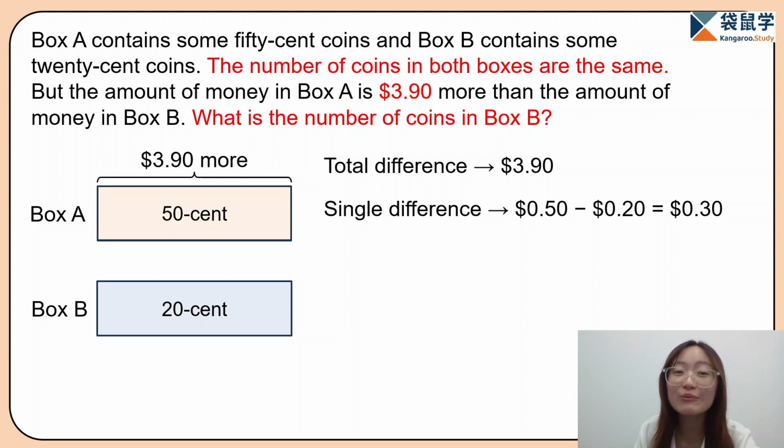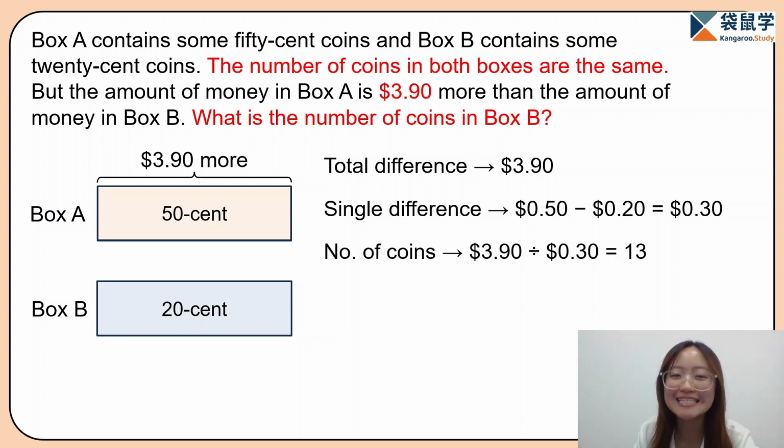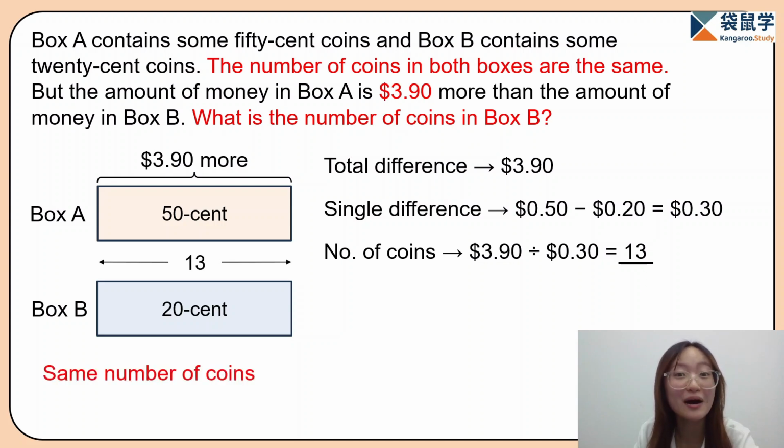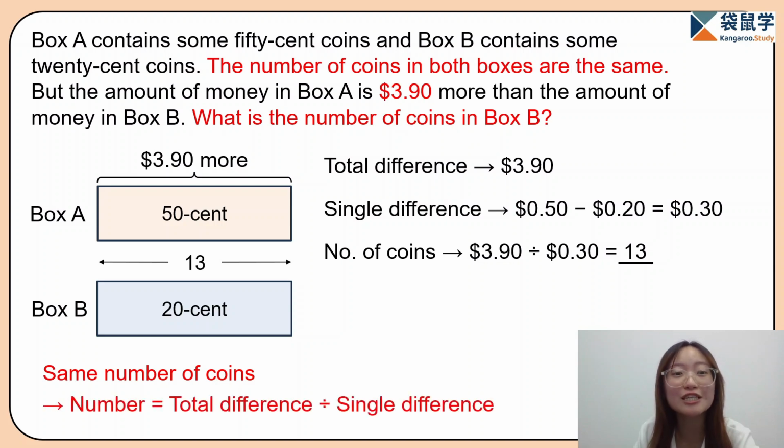Now, how can we find the number of coins in each box? We can take $3.90 divided by 30 cents and that will give us 13, our answer. This example is simpler because we have the same number of coins. So we can find the number by taking total difference divided by single difference.